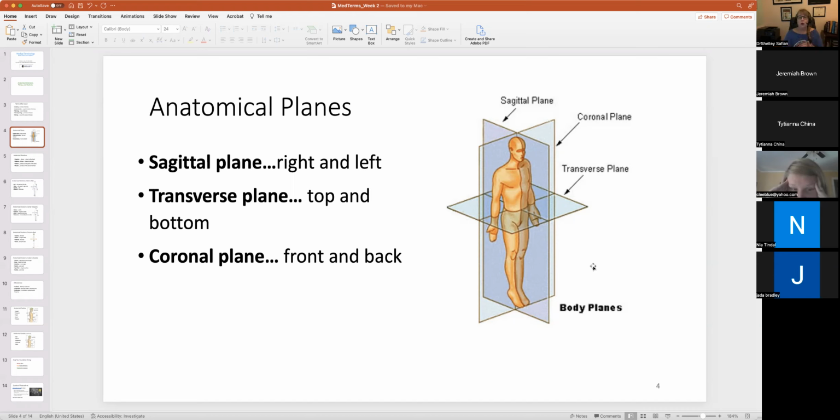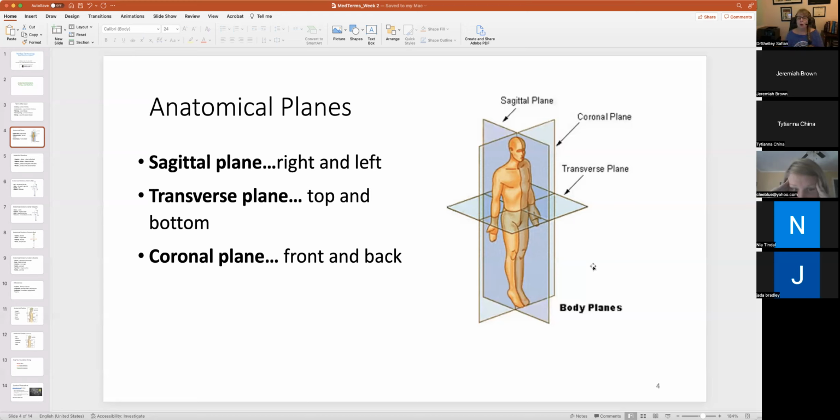Okay. So if you are asked to give the patient an injection in the left arm, it's the patient's left, not your left. Okay. So all reference to laterality is going to refer to the patient's right and left. And that's the sagittal plane divides between right and left.